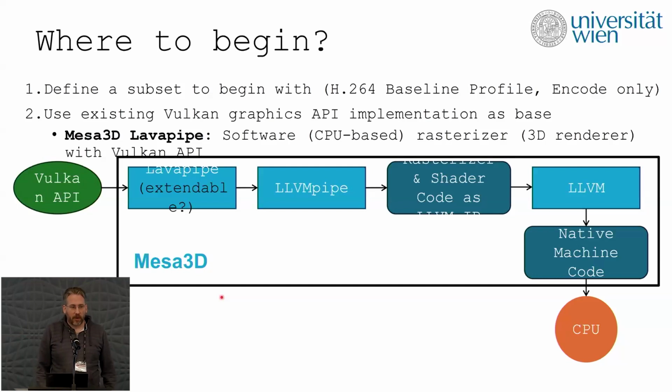And we had to build on top of an existing CPU-based Vulkan Video implementation, because we did not want to implement a full Vulkan stack. We decided to try it with Mesa 3D Lavapipe, which is a CPU-based rasterizer, so it's completely running on a CPU.